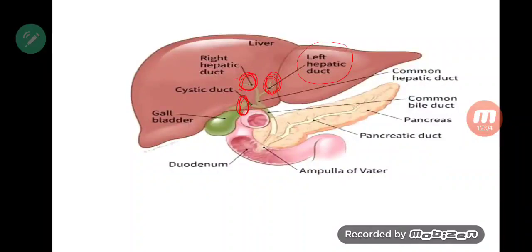All these 3 ducts open into one duct called the common hepatic duct. This common hepatic duct goes down toward the duodenum, and the pancreatic duct also goes toward the duodenum. Here it forms the ampulla of Vater and sphincter of Oddi. They give their secretions and enzymes to the duodenum to digest the food and chyme.